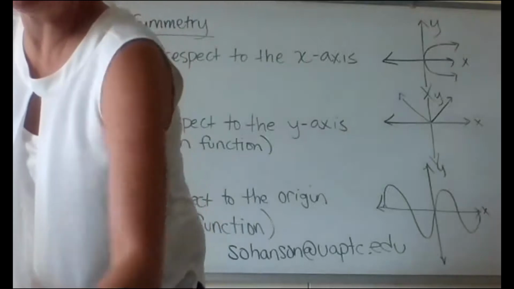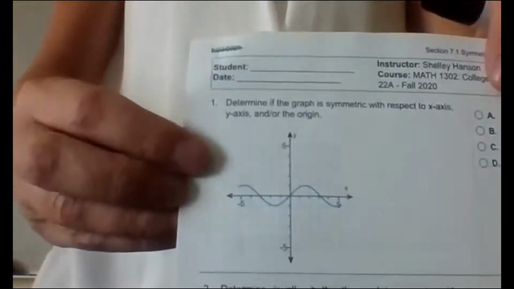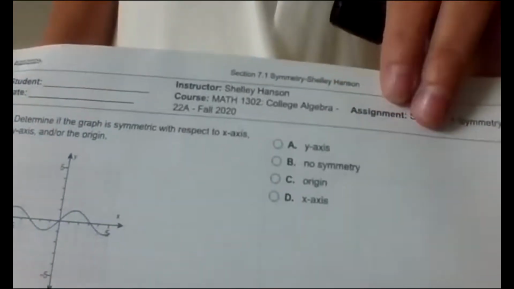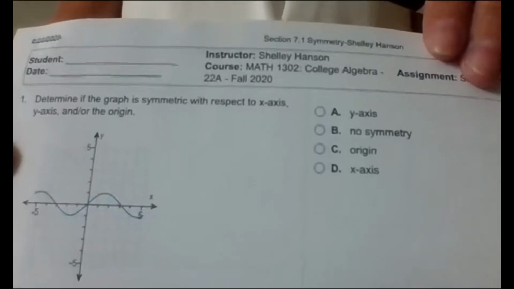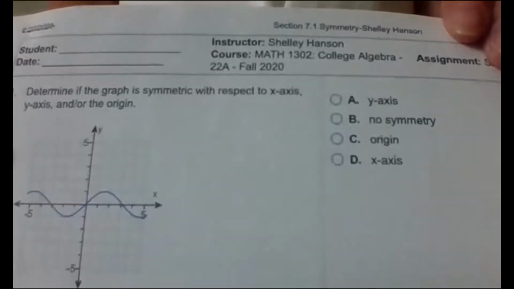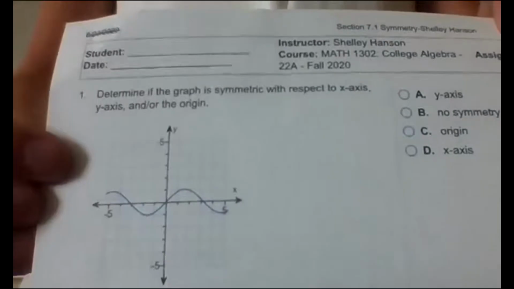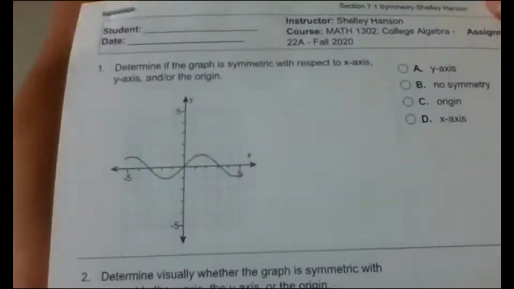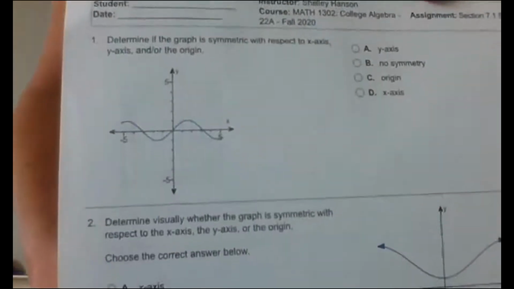So let's look at some of these, like looking at number one. Number one is kind of, well, I just showed you. There's the function. It's going to ask you if it's symmetrical to the y, no symmetry, origin, or x. Okay? So if you turn it upside down, you'll notice it's the same exact graph. So that means it's symmetrical with the origin.